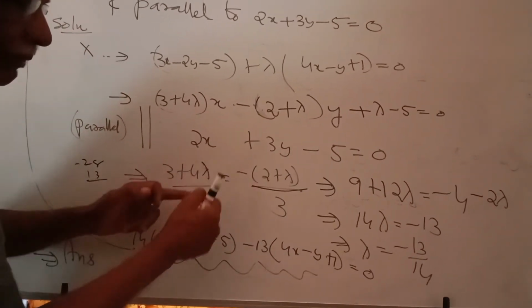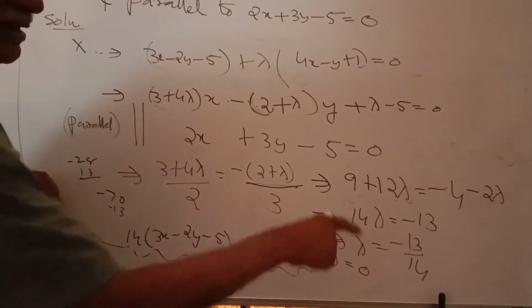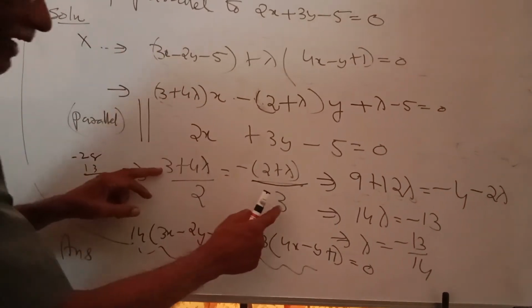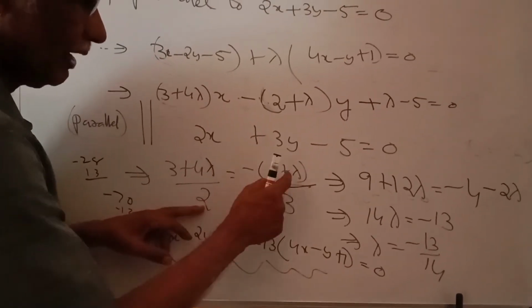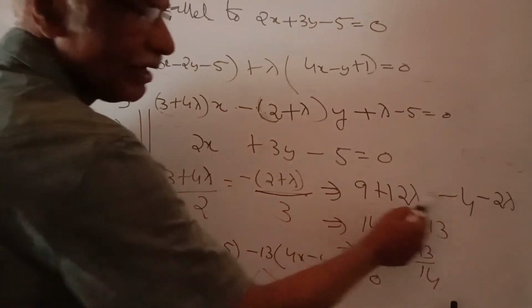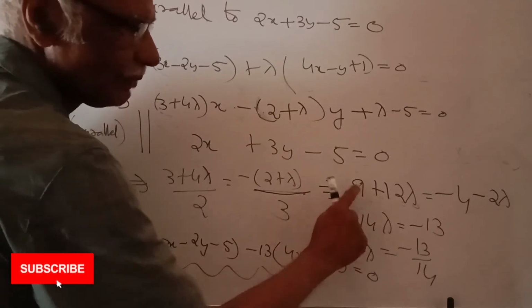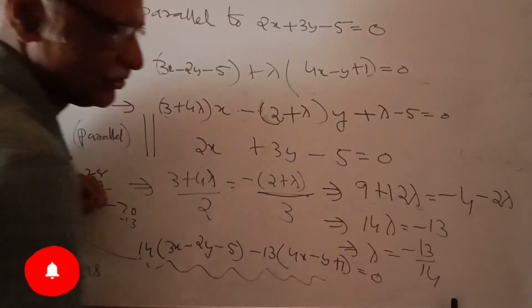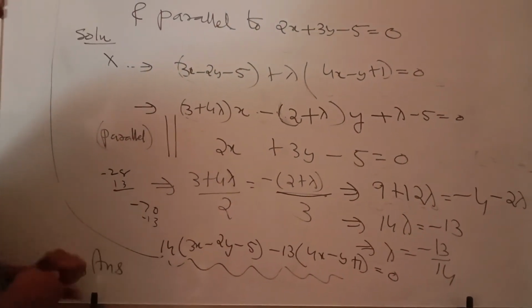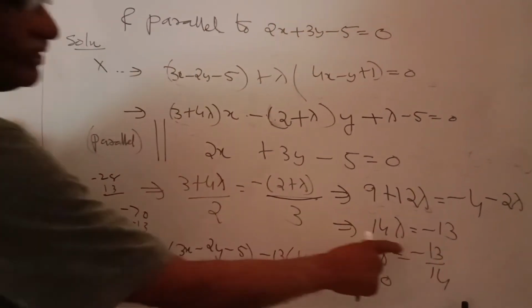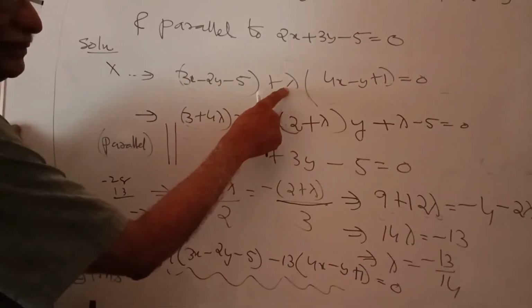You can cross multiply and simplify and get lambda. You can see 9 plus 12 lambda is minus 4 minus 2 lambda. 12 lambda plus 2 lambda is 14 lambda. 9 on the other side is minus 13. So lambda is minus 13 by 14. So our problem is substitution of this minus 13 by 14 here.